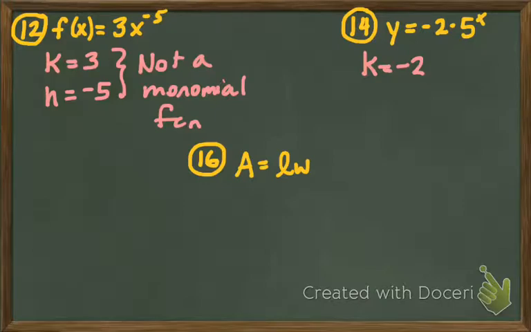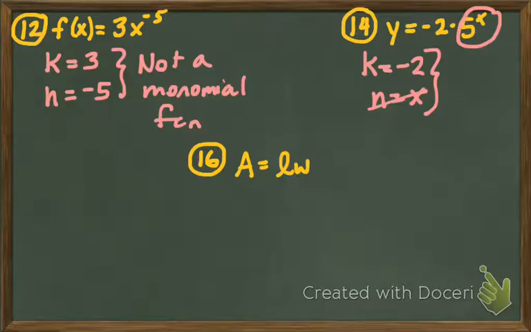And so then we look at our n, which would be the exponent, and the problem we have here is that if this was x to the 5th, it would be, yes, a monomial, but since it's 5 to the x, our n is x, so this is what eliminates this one from being a monomial function. So your reason that it's not one, oh, and we didn't give the reason on 12. I'll go back and do that one after we finish this one.